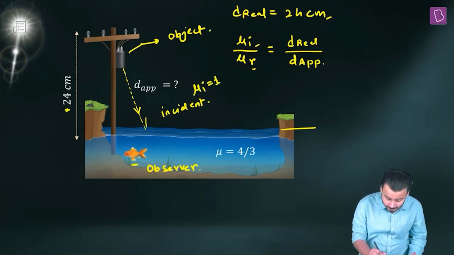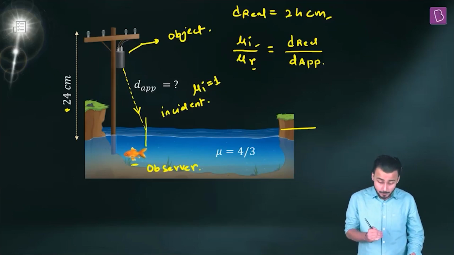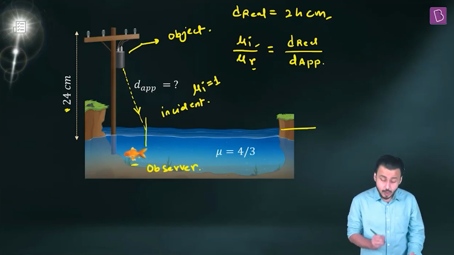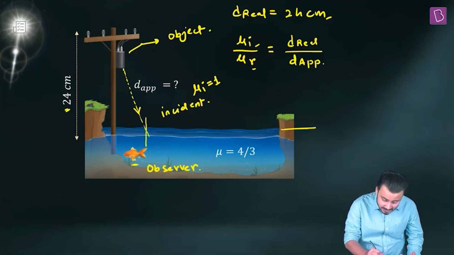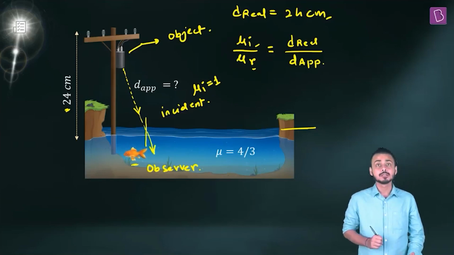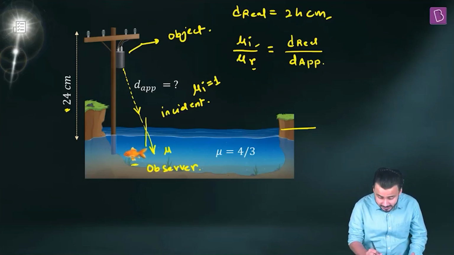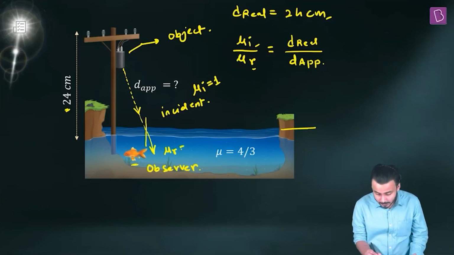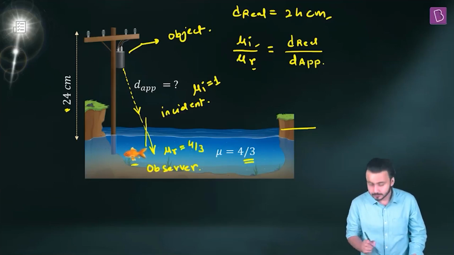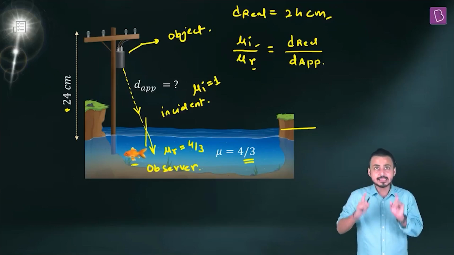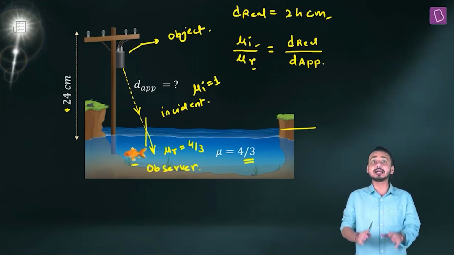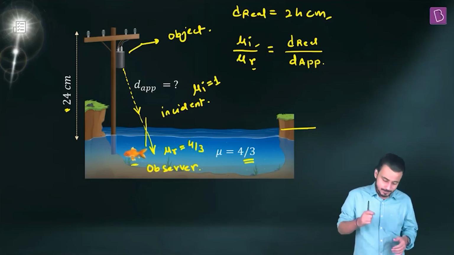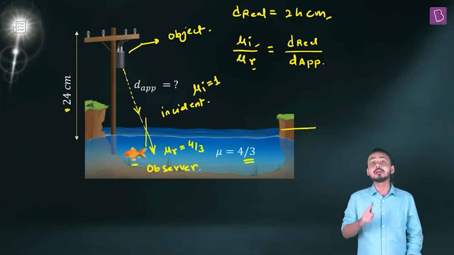And because there is a refraction and the observer is in water, the refracted rays are present in water. So where are the refracted rays? In water. So the refractive index of the medium where the refracted rays are present is equal to 4/3 as given. Correct? Mu I is the refractive index of the medium where incident rays are present. Mu R is the refractive index of the medium where refracted rays are present. And then you apply this formula.